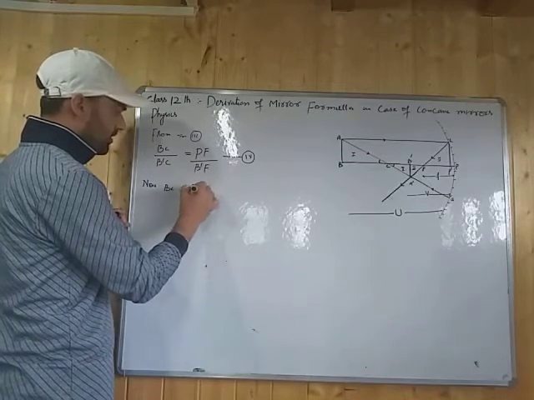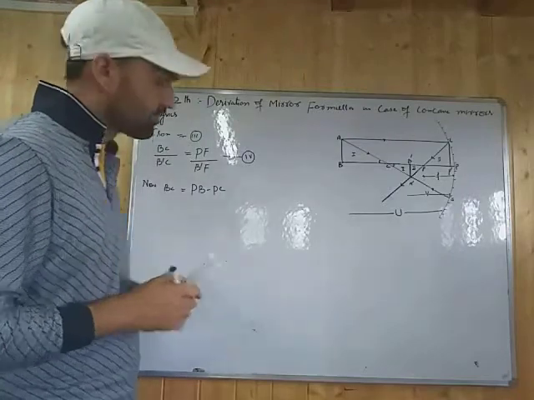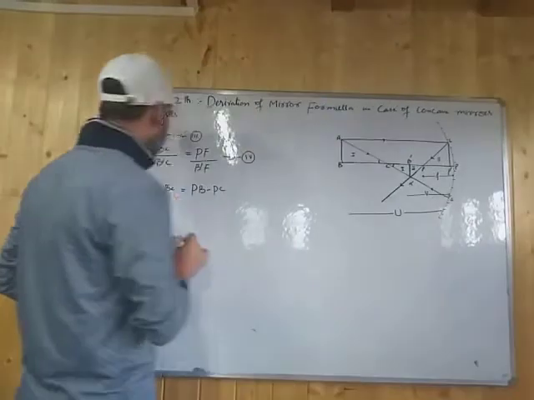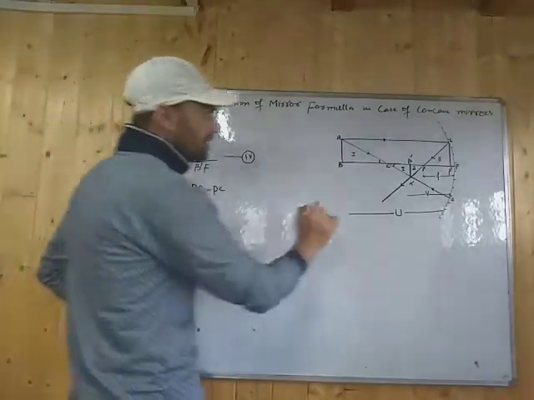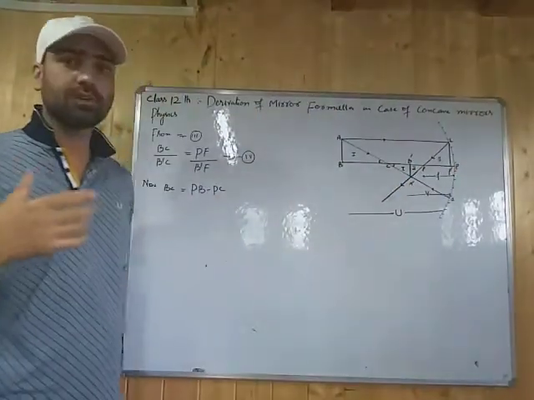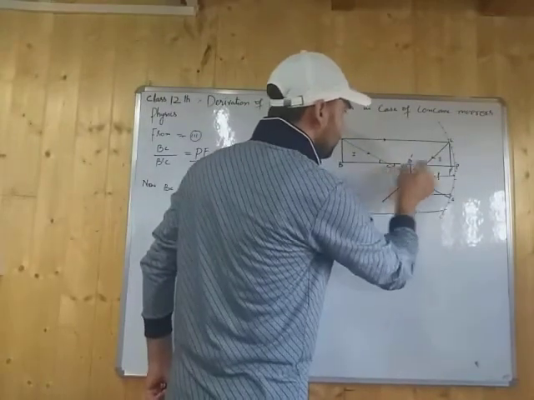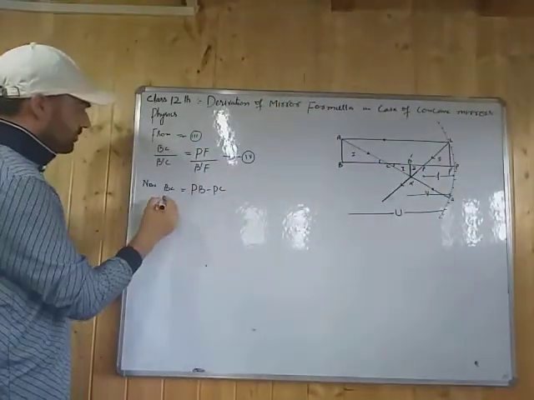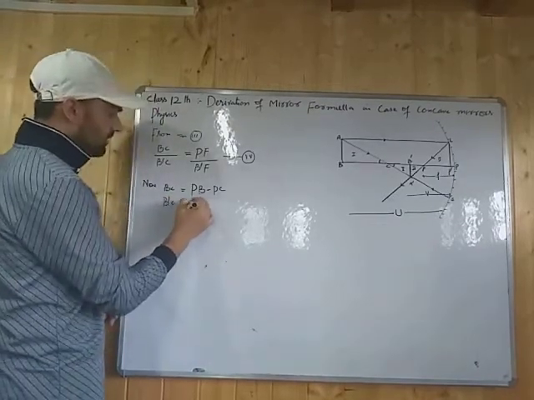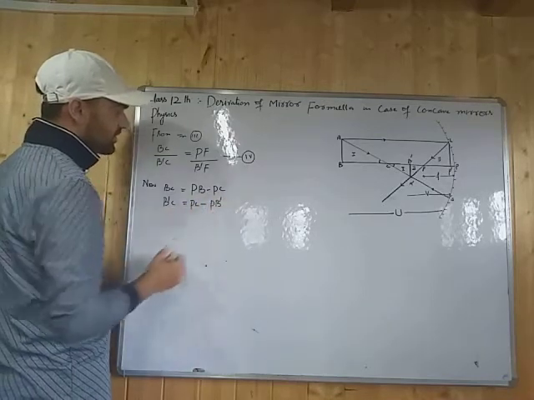Now we calculate B dash C, measured from the pole of the mirror: B dash C is equal to PC minus PB dash.